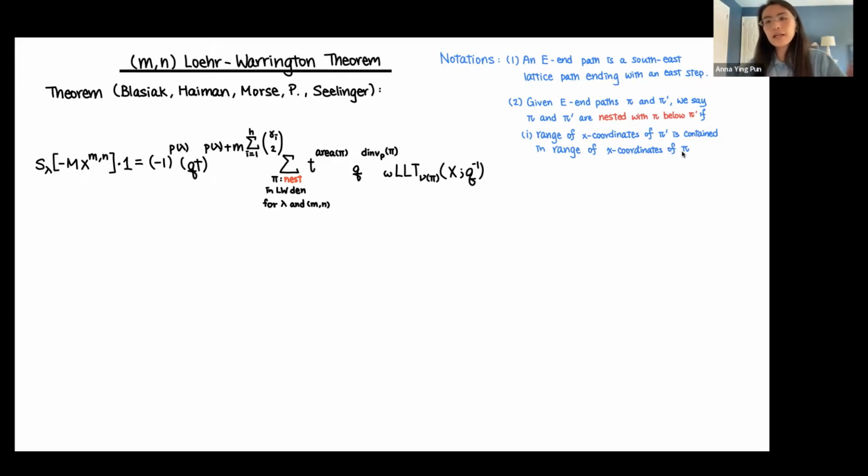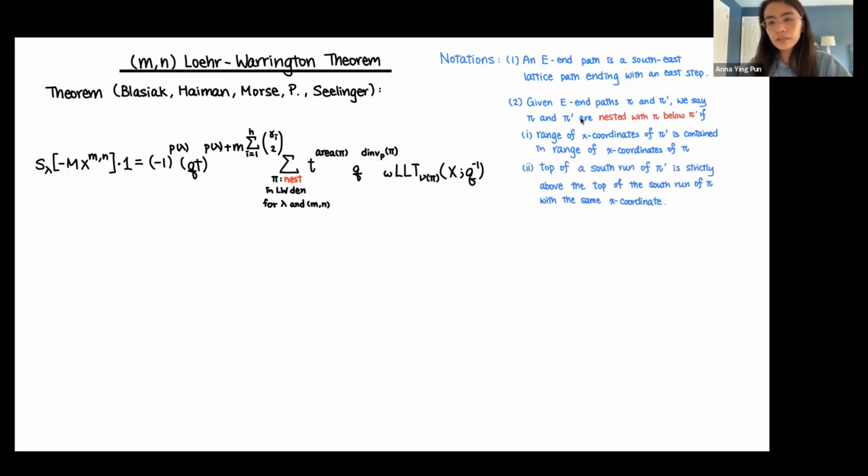That is, the starting point and the ending point of pi prime are strictly inside those of pi. I'm going to give you examples to make it clearer later.